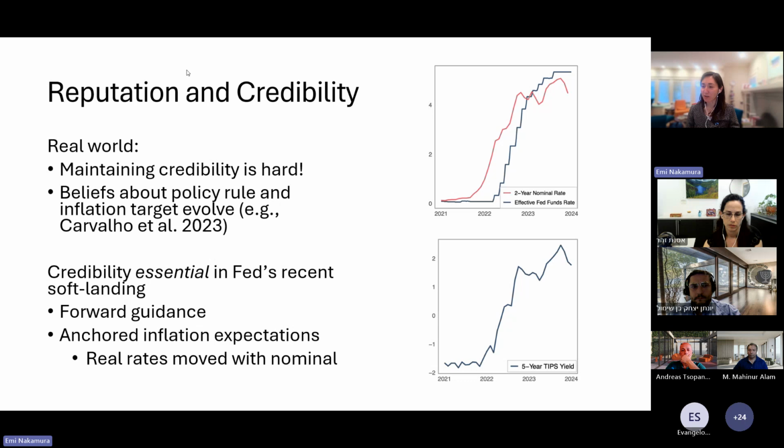Does our model say anything interesting about how reputation forms and how a central bank loses reputation? No, it doesn't. And I think that's an area where a lot of work has been done: the formation of reputation about credibility for the central bank's inflation target.